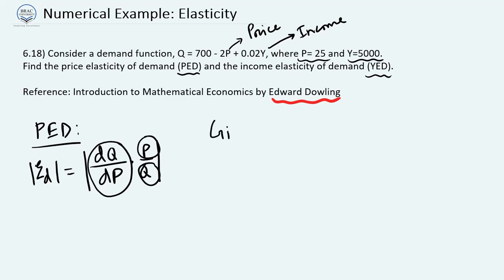P is given, so I need to find the two other values, Q and dQ by dP.